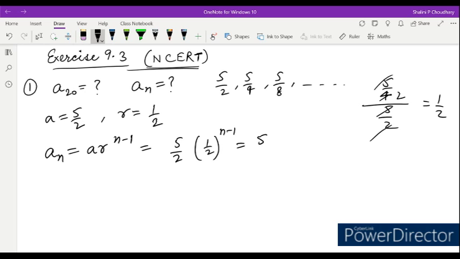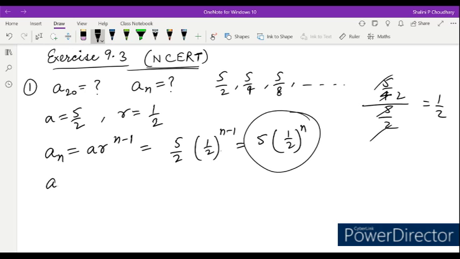So this will be equal to 5 into 1 upon 2 to the power n minus 1, and when we multiply by the other 1 upon 2, it will be 5 into 1 upon 2 to the power n. So this will be the value of an.